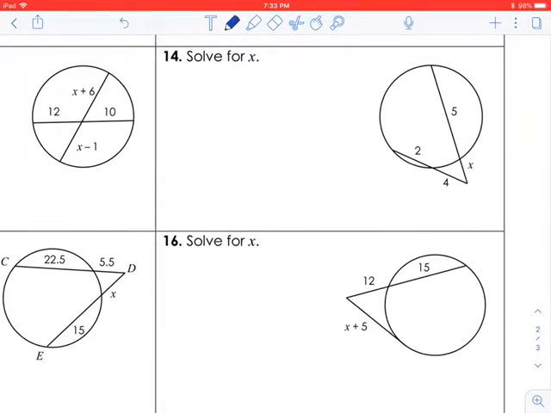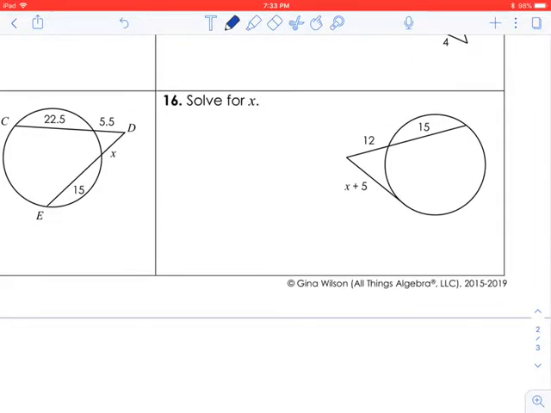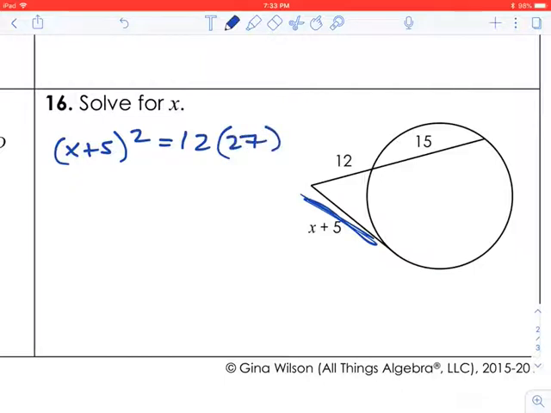Let's go ahead and do kind of a complicated one. So number 16, I've got the part, or the tangent one, squared. So x plus 5 squared equals the outside times the whole thing, which is 12 times 27, which is 324.